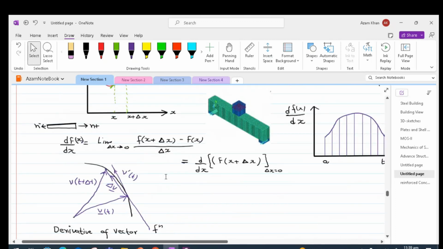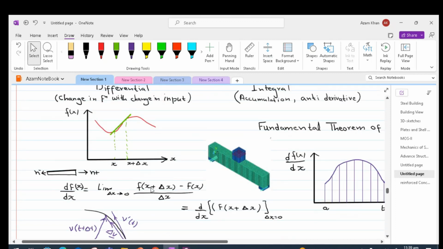In the case of 1D setting, we find the difference between the functions, and that difference is then divided by the step size in order to get the orientation of the tangent. In 2D and 3D setting, the orientation is not obtained by simply dividing the function difference by areas or volumes.